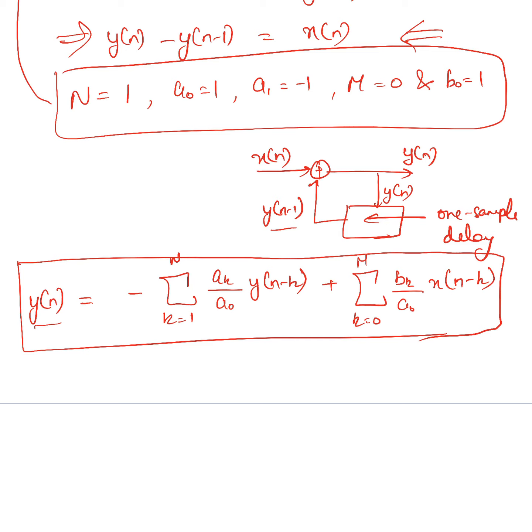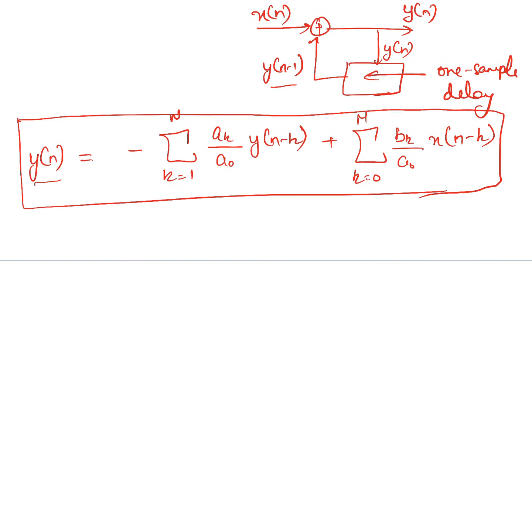Now the interesting part is you can solve the system of equations in a classical way, where you compute the overall solution of the system as the homogeneous solution plus the particular solution.